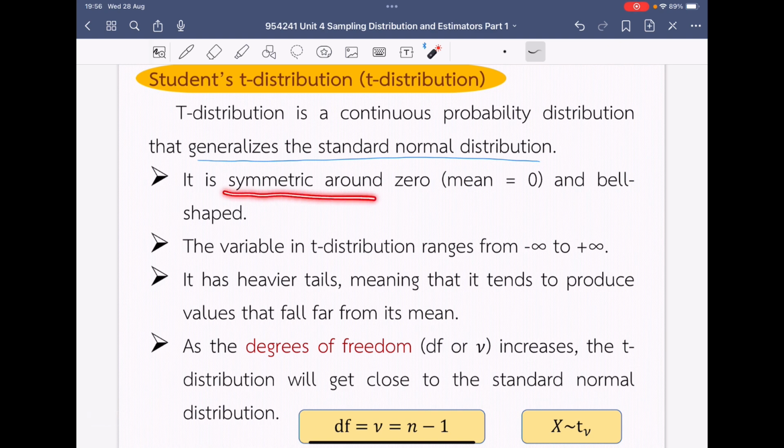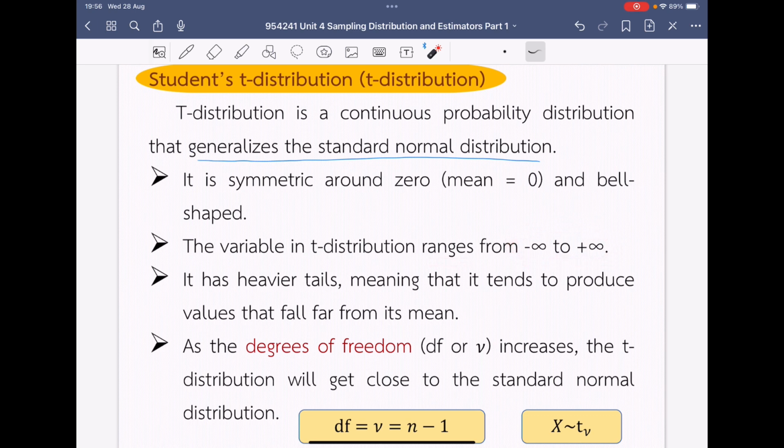It is symmetric around the mean, around 0, meaning the mean is 0. And the shape is bell shape, so quite similar to the normal distribution, but the difference is this. The variable in t distribution ranges from negative infinity to positive infinity.